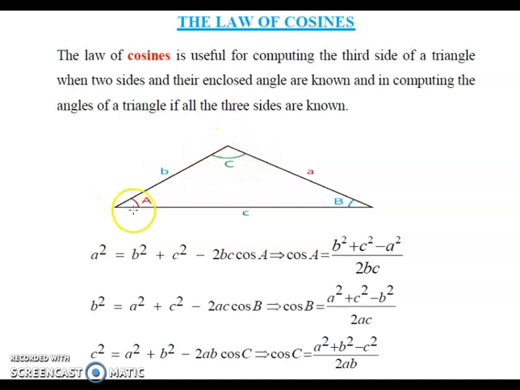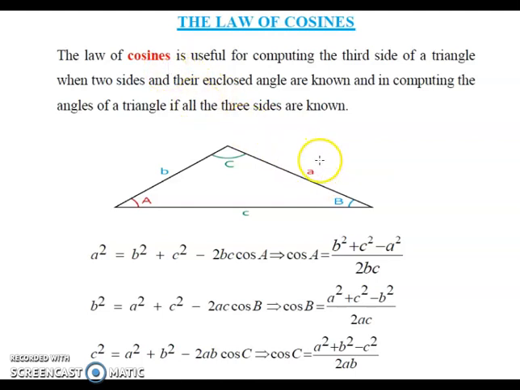If we observe this triangle, sides are denoted by small a, small b, small c, and angles denoted by capital A, capital B, capital C. If we know two sides b, c, and enclosed angle capital A, we can find the remaining side small a by using the cosine rule.